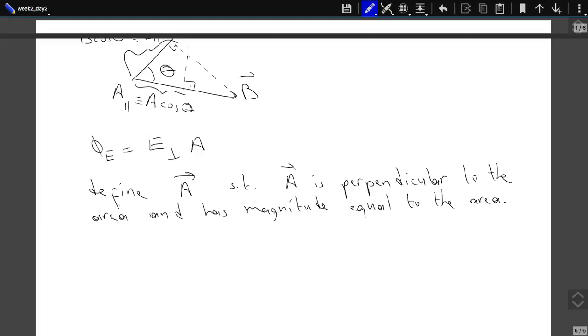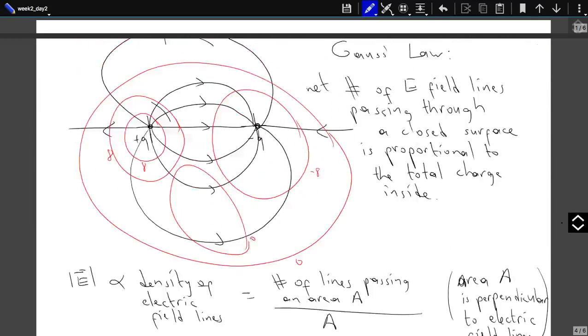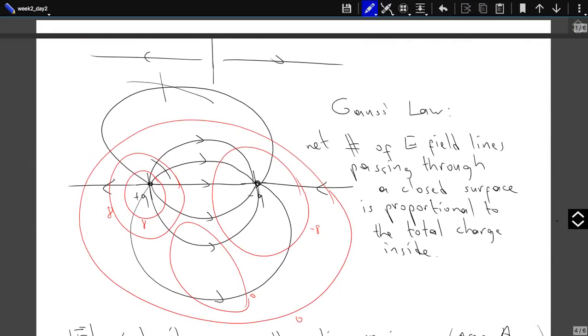But if you go back to our example of counting the number of field lines, remember there we said that we will count the number of field lines going from inside to outside as +1, and the number of field lines going from outside to inside as -1. But how do you know the outside and inside? It's just a definition.